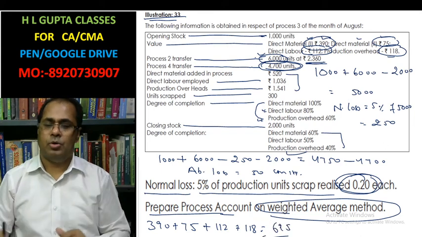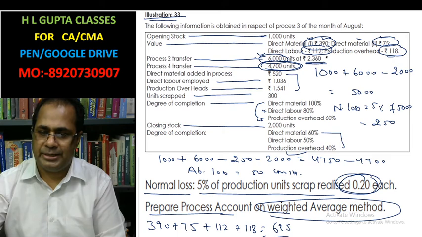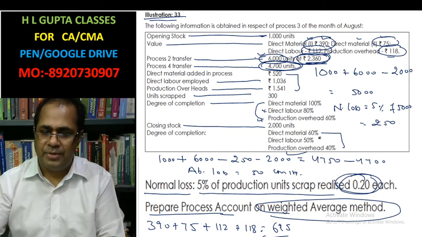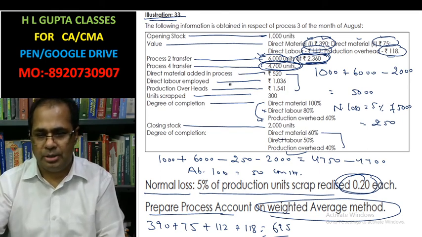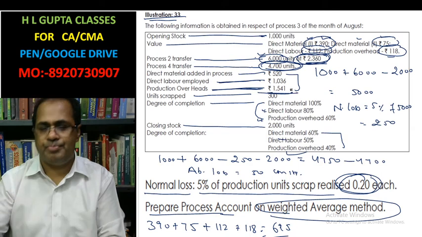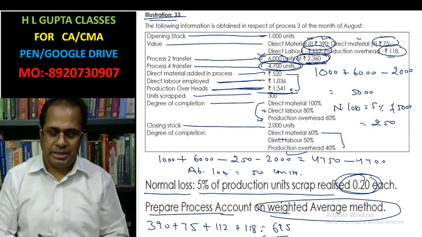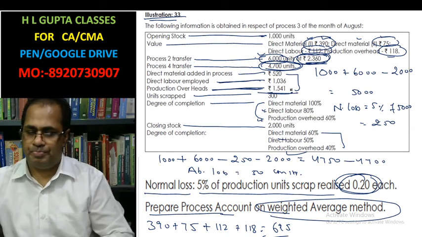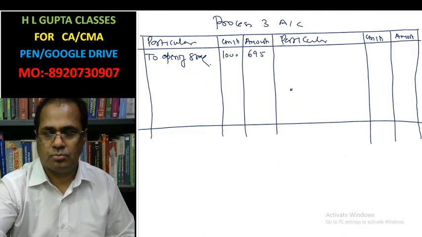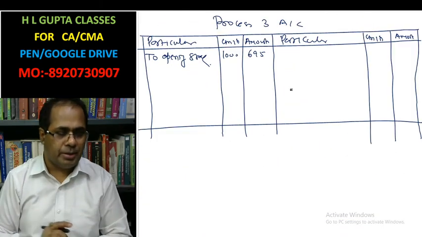Now the units introduced, the cost is 2360. Additional material cost is 520. Labor cost 1036. This production overhead cost is 1541. These costs are taken. Okay, look at it: 695.